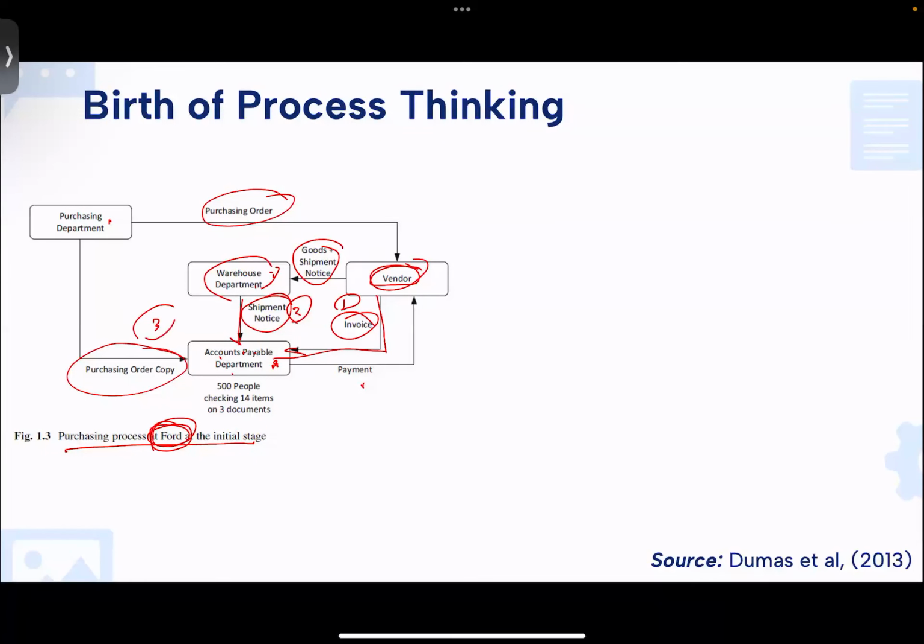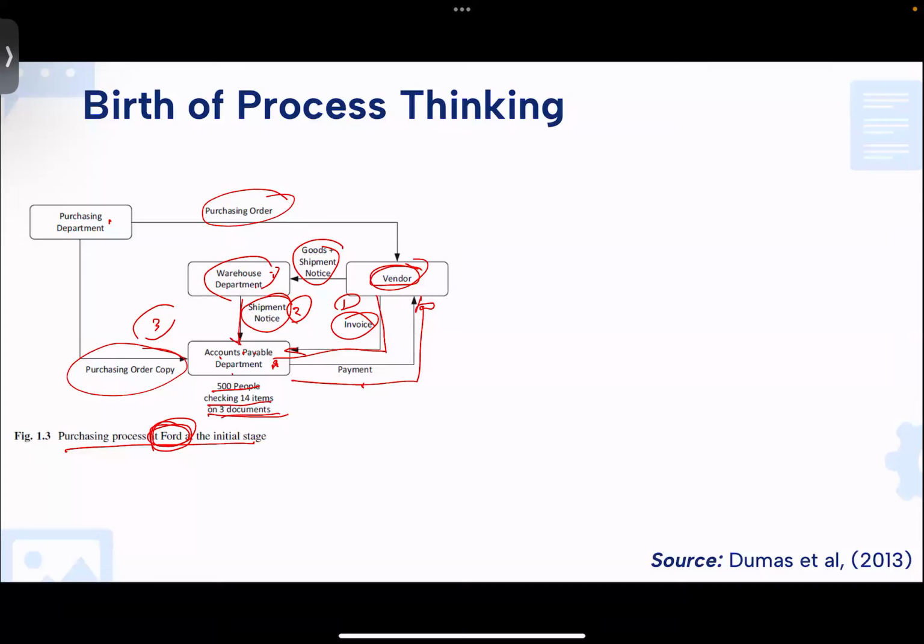So they have to check these three documents, and then only can they proceed with the payment. To do this process at Ford, they had 500 people checking 14 items on 13 documents. So for this process only, they had allocated 500 people. So before the application of business process management or process thinking, they did the activity like this.